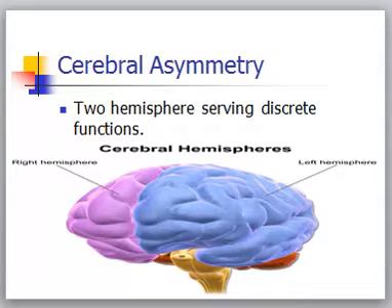Here I have mentioned the right hemisphere and left hemisphere for clarification. The hemisphere concerned with language function has traditionally been called the dominant hemisphere, and the opposite one the non-dominant hemisphere.